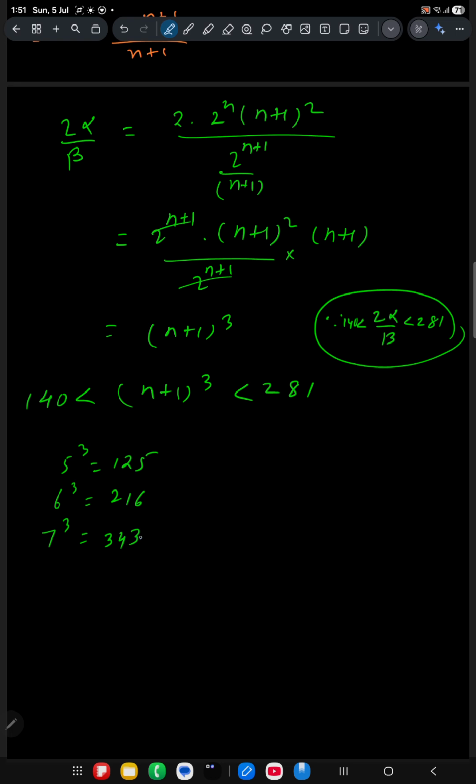Yes, so our range between 140 to 281 contains only 216. So this will be your required value for n plus 1. Therefore (n plus 1) to the power 3 will be 6 to the power 3. So n plus 1 is 6, so n is 6 minus 1, which is 5. So this is the answer. Okay, thank you.